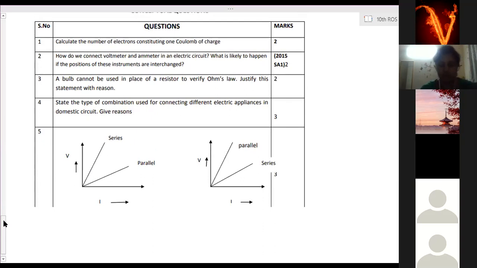It won't show the correct value, ma'am. It will not show the correct value, and it will affect the amount of current flowing through the conductor. Current won't flow because voltmeter has a maximum resistance, and maximum resistance is applied in the series. Current won't flow. The circuit won't work.